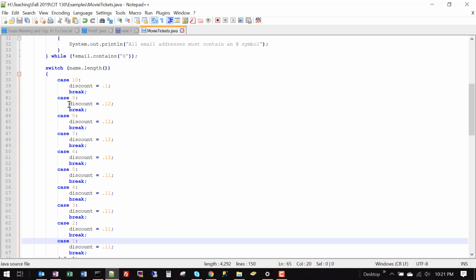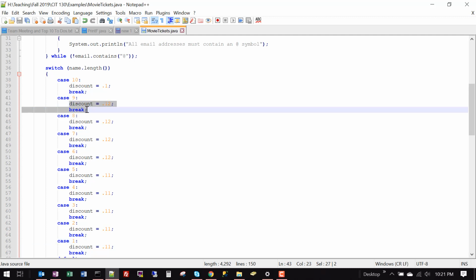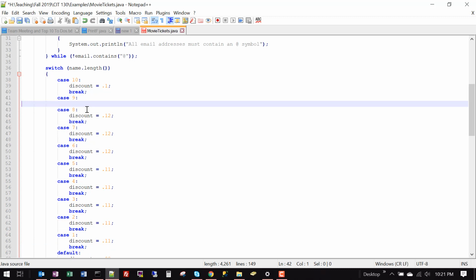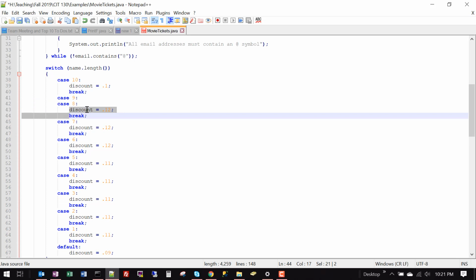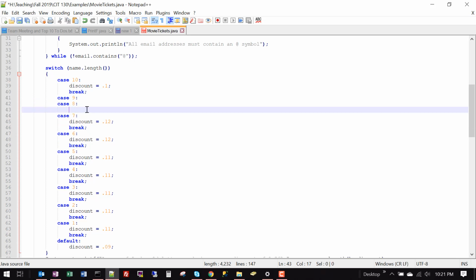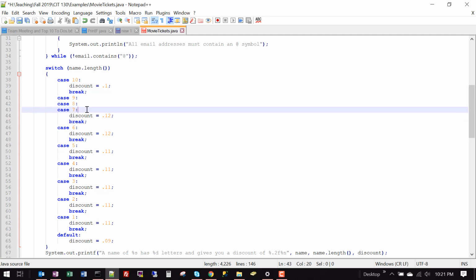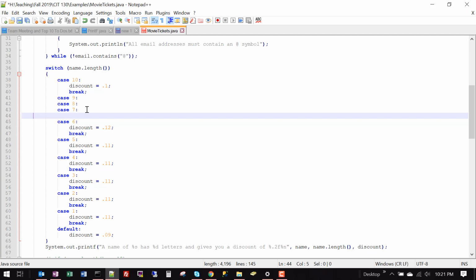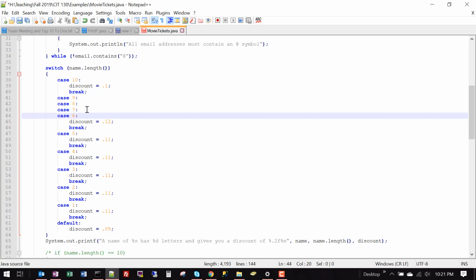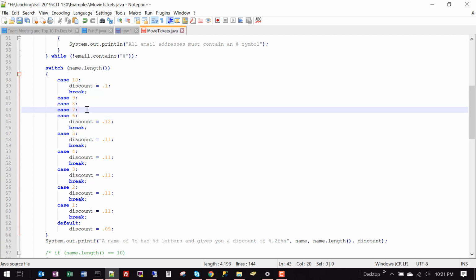What I could, in theory, do is put these statements one after the other because they all yield the same result. So now, whether it's 9, 8, 7, or 6, it goes to that label and then continues to run till it hits the break.